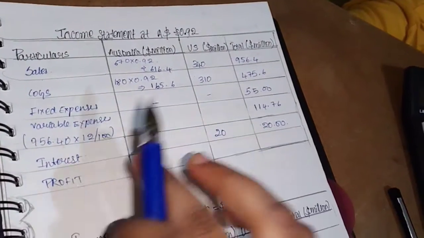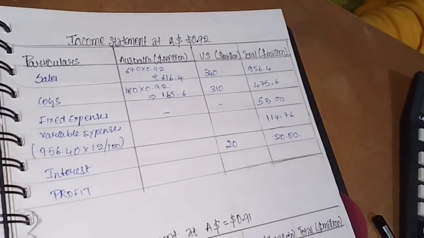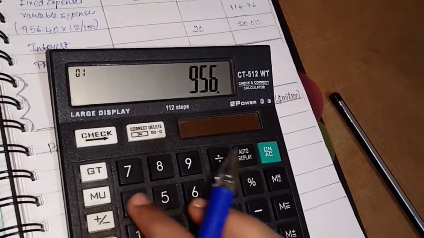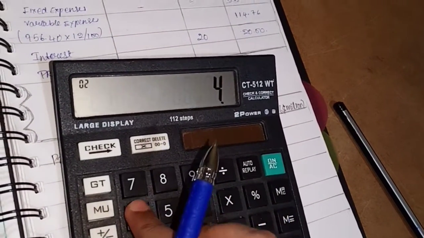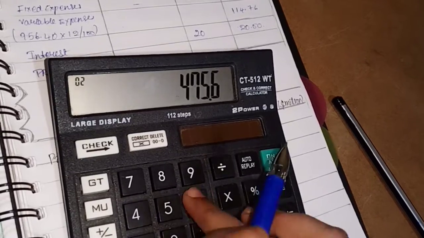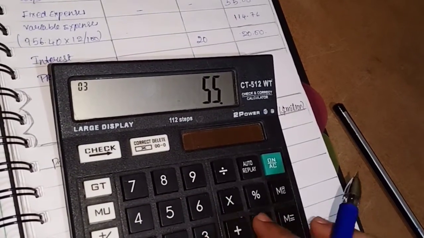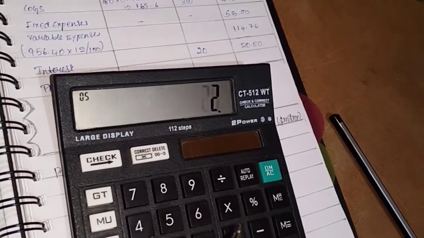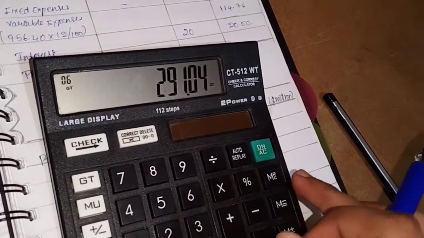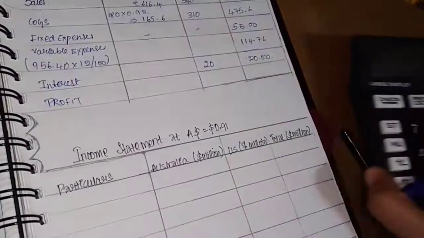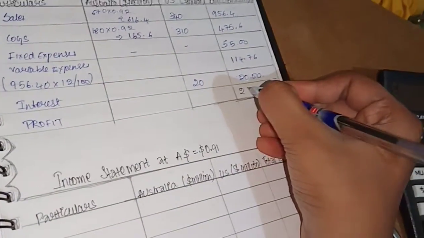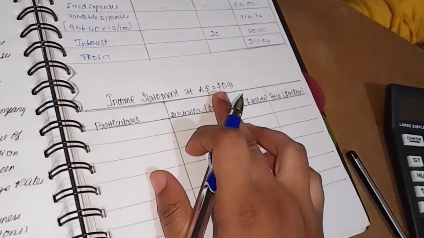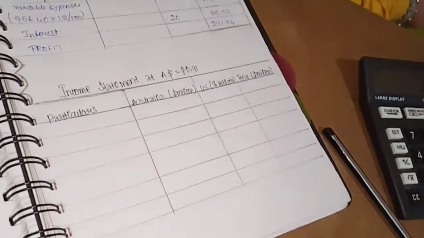So 956.4 minus 475.6 minus 55 minus 114.76 minus 20 gives 291.04. Same for Australian dollar 0.91.